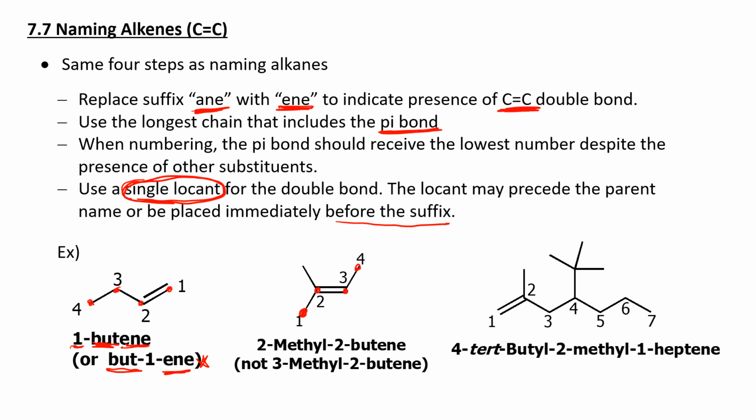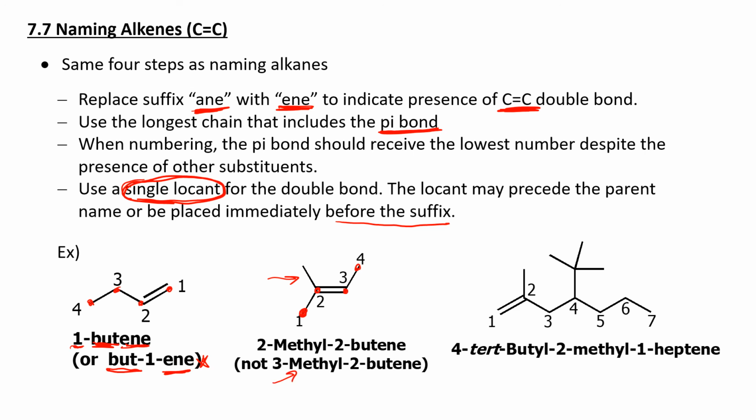And in this case, we want to start numbering from the left because that puts a methyl group at the 2 position instead of the 3 position if I were to number from the other side. So we have a 2-methyl 2-butene or 2-methyl but-2-ene. This would not be the 3-methyl 2-butene. This would be if you started numbering from the other side.